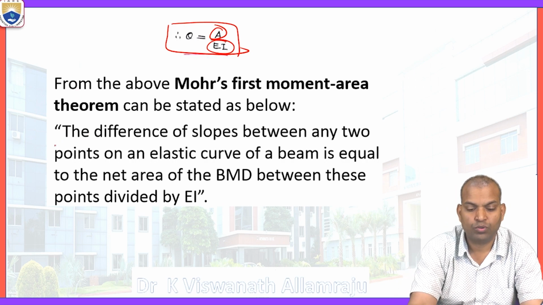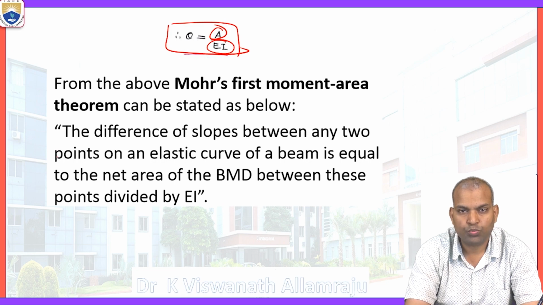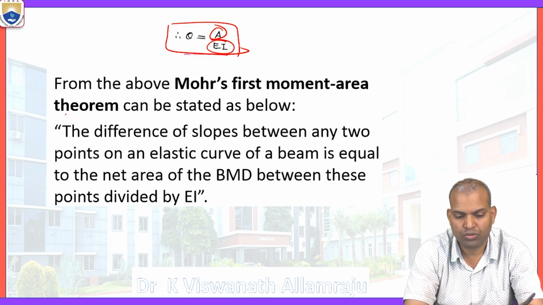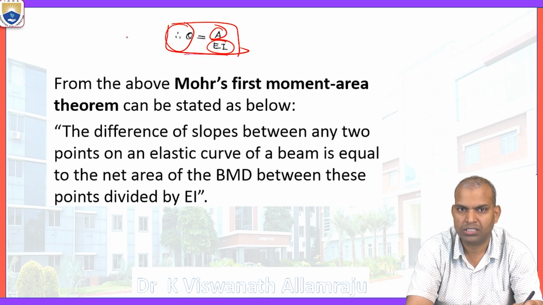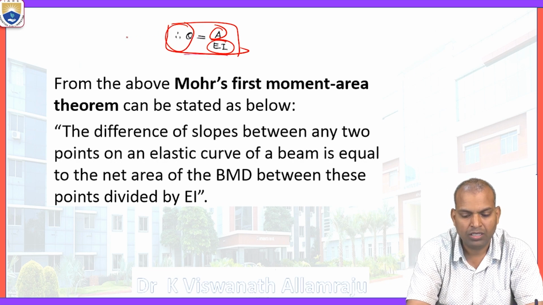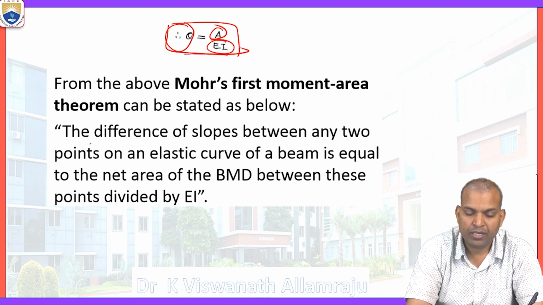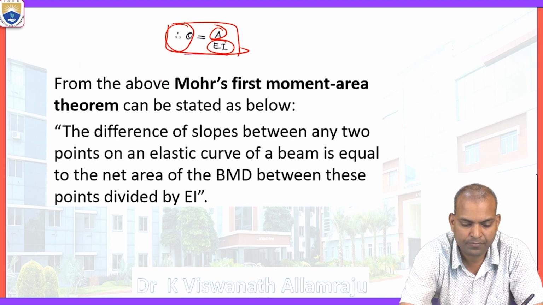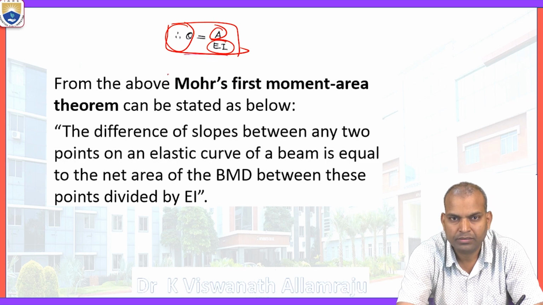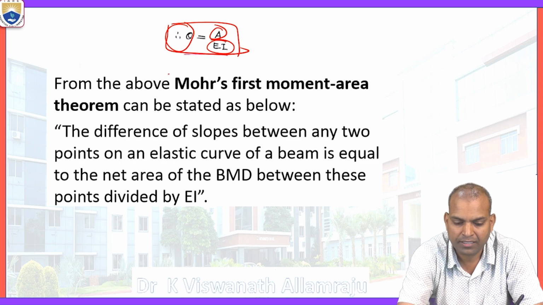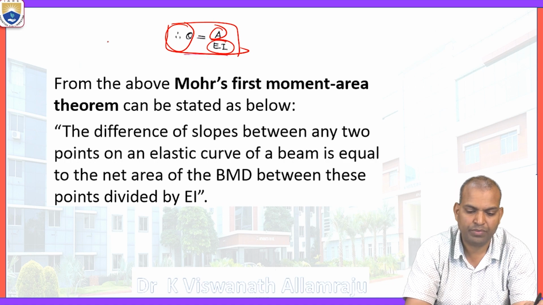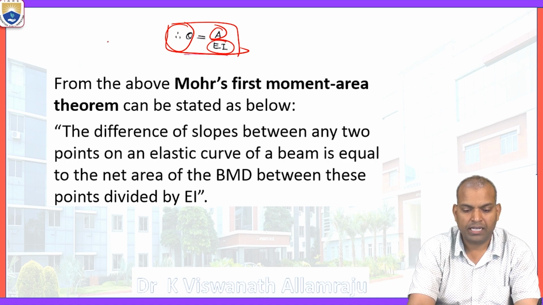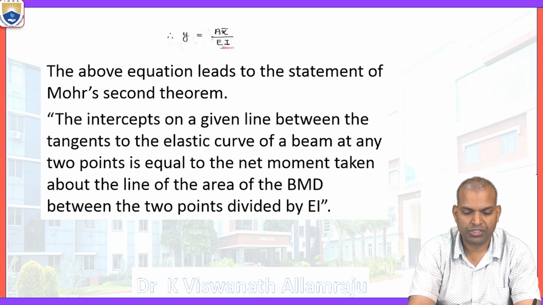The difference of slopes between any two points on the elastic curve of a beam is equal to the net area of the bending moment diagram between these two points divided by the flexural rigidity EI. That is the meaning of the first theorem. The second moment area theorem gives the deflection.